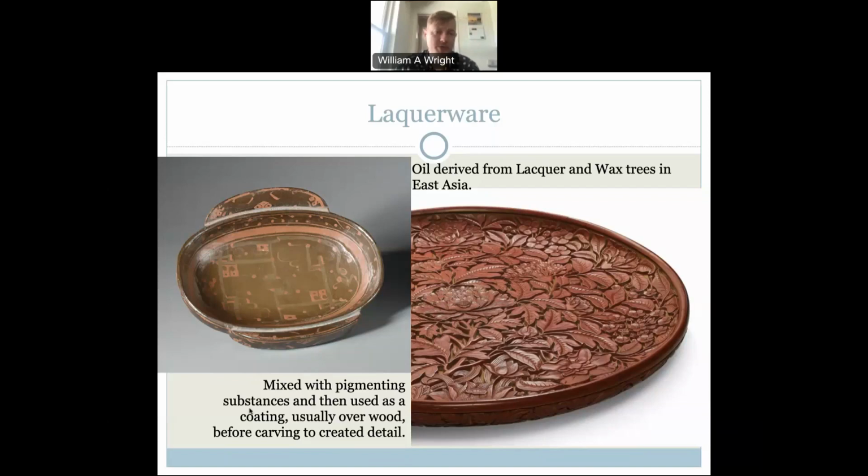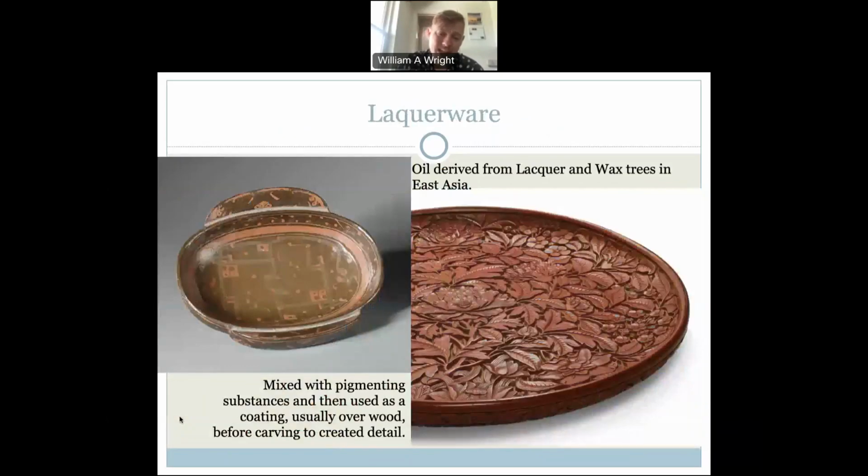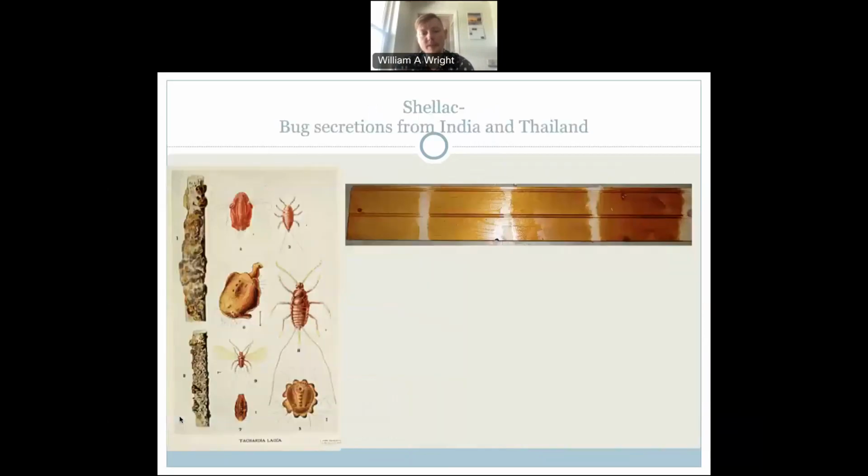But yes, the lac tree's sap is used to make it. Fun fact too, it has urushiol oil in it, which, if you know what that is, is the oil in poison ivy that makes you break out. So one thing that makes this interesting is that people who work with it have to figure out if they have the allergy to poison ivy or urushiol oil before they can work with it a lot. Pretty amazing.